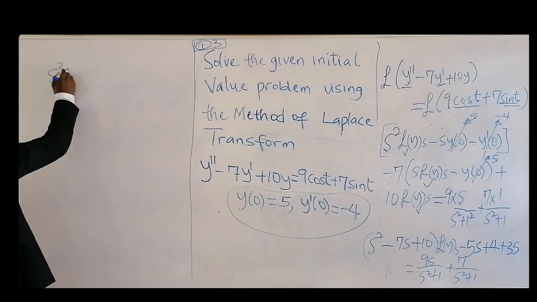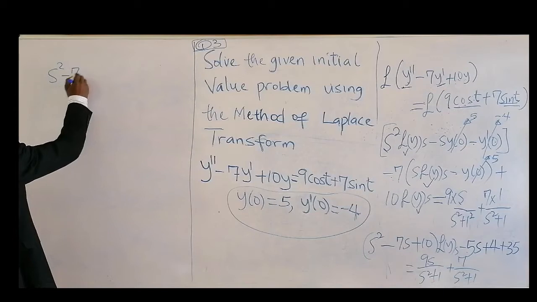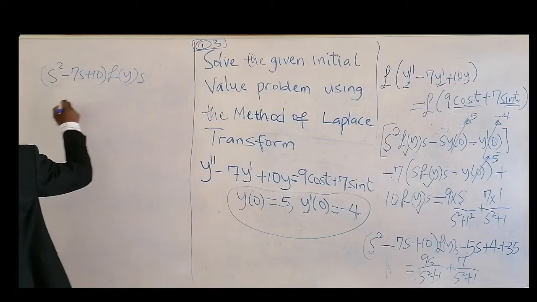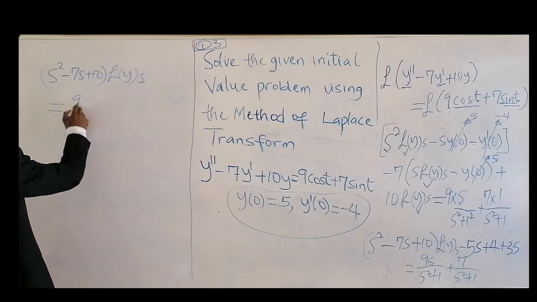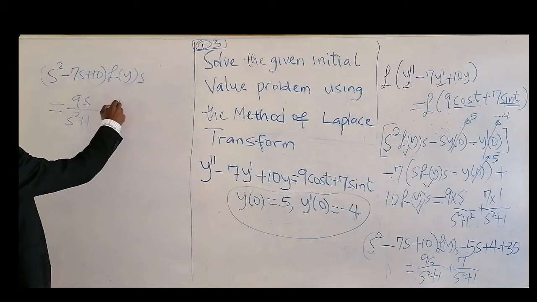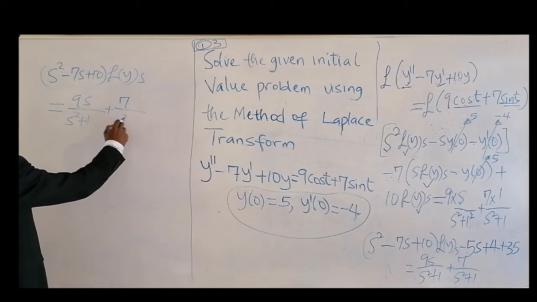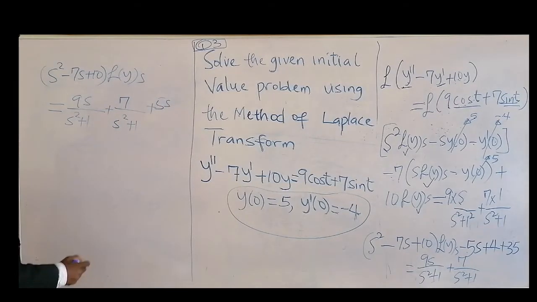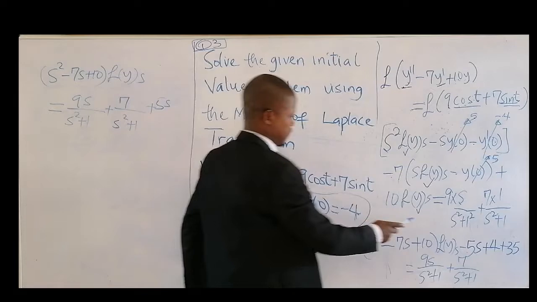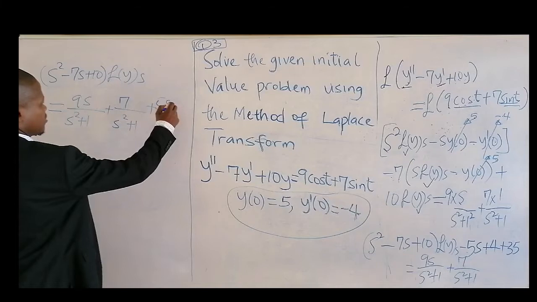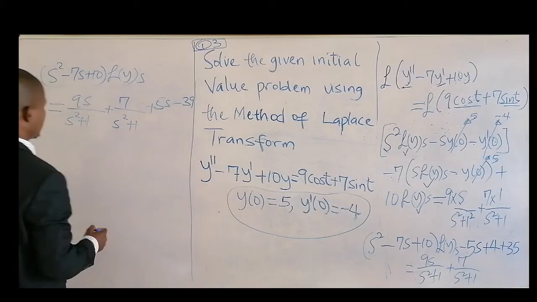So we now have this s squared minus 7s plus 10, Laplace of this equal to 9s over this plus 1, this over this plus 7 over this one, then plus 5s, and then plus 4 plus 35, that's a plus 39. We can move it to the other side, so minus 39.